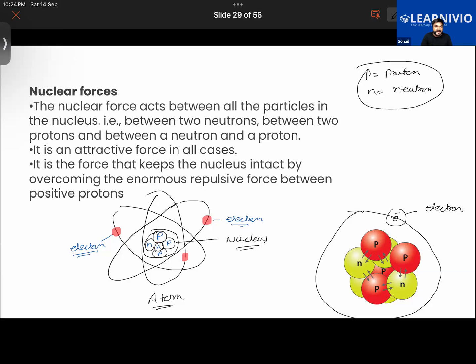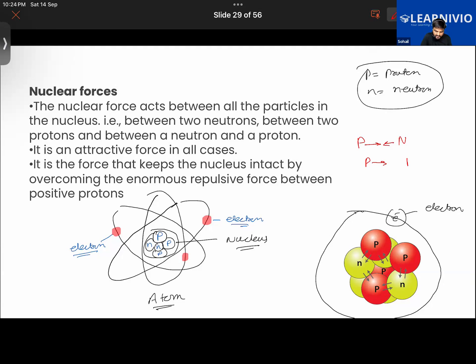Now, there's a force that keeps proton and neutron intact. There's a force that acts between the particles inside this nucleus, meaning that there's a force existing between the neutrons, between the protons, and between the proton and neutron also. I mean to say that a proton and neutron will be attracting each other.